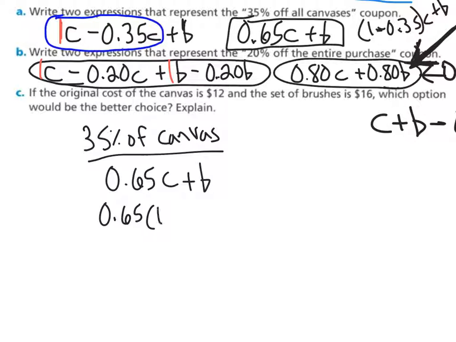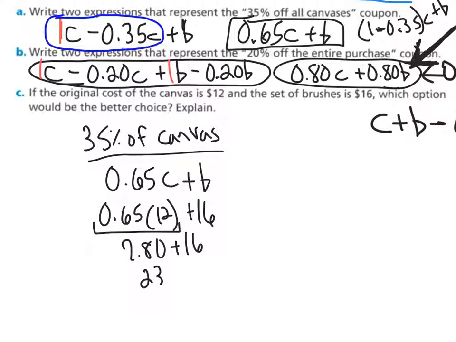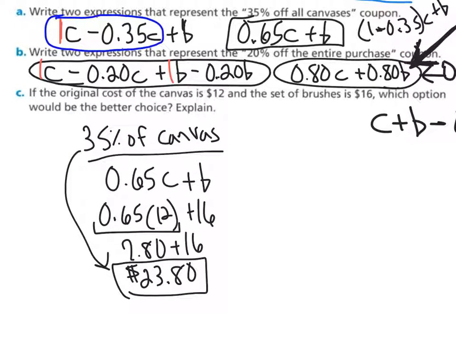So if the canvas was $12 and the brushes were $16, if you multiply, that would be $7.80 plus 16 is $23.80. So $23.80 if we got the 35% off the canvas.